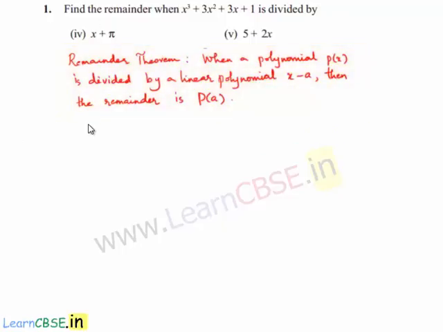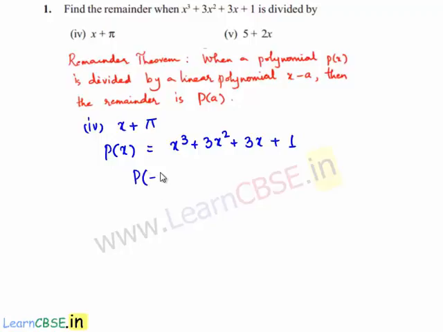So the fourth bit is x plus pi, and the given polynomial is p of x is equal to x cube plus 3 times x square plus 3 times x plus 1. By the remainder theorem, we can say that p of minus pi is the remainder.